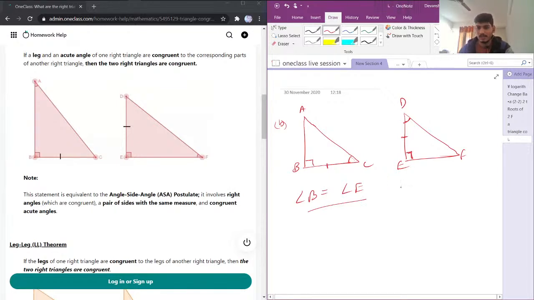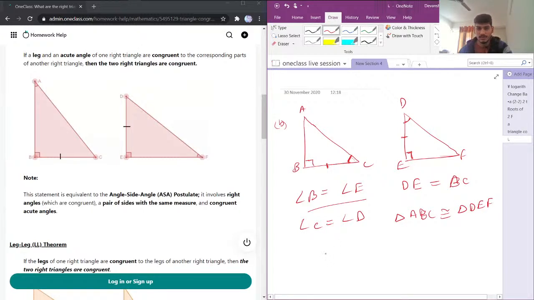then if I say my DE is equal to BC, and my angle at C equals angle at D, we say these two triangles ABC congruent to triangle DEF.